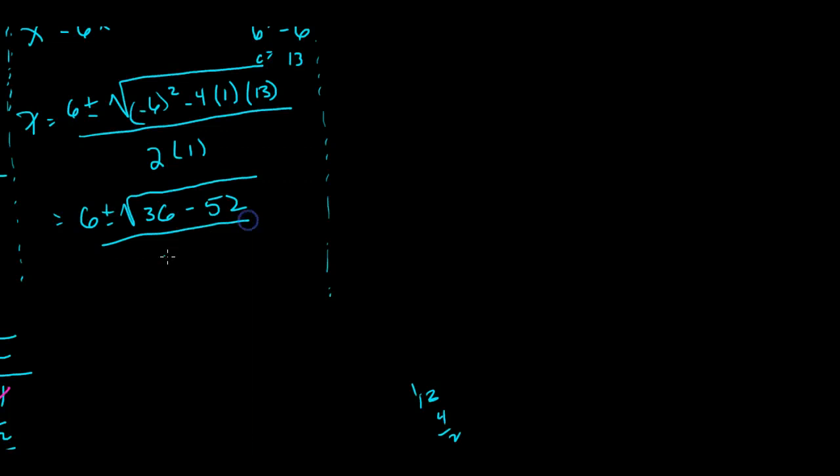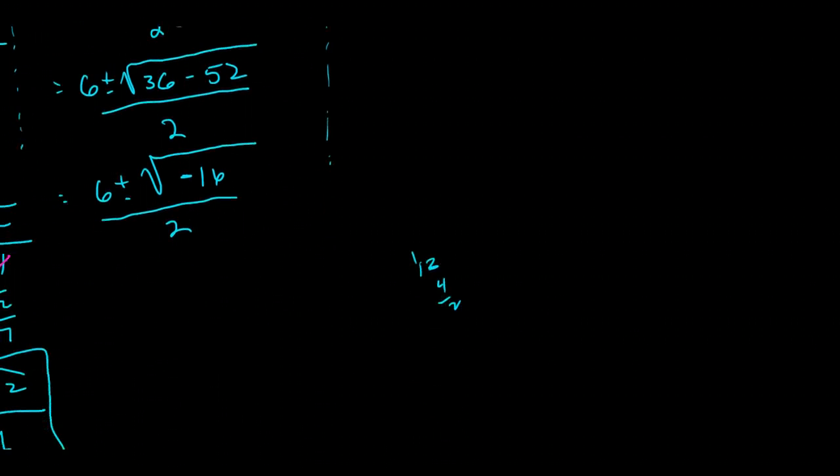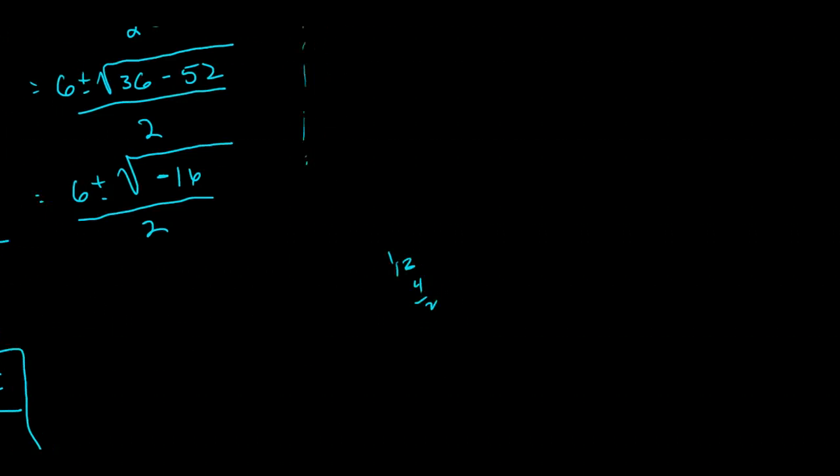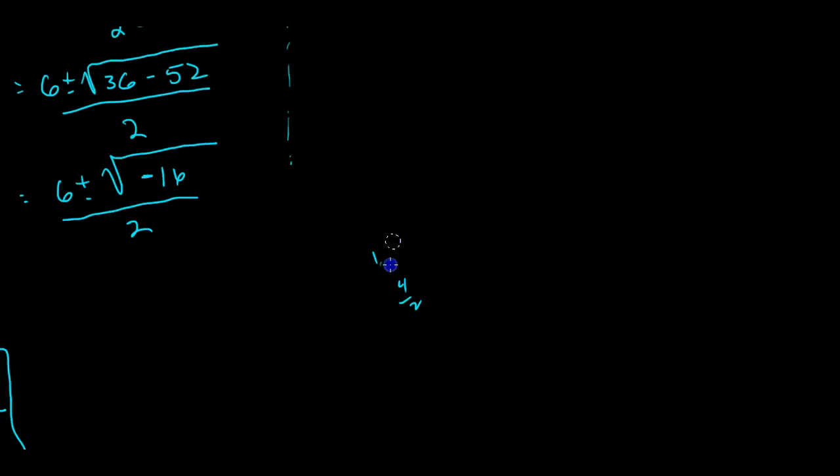all over 2, and oh, this is going to give me something interesting, because when I subtract 52 from 36, I will get a negative 16, and that's going to be over 2. So I've got that negative radical, and you'll find out in a future video that it means I do not have a real root.